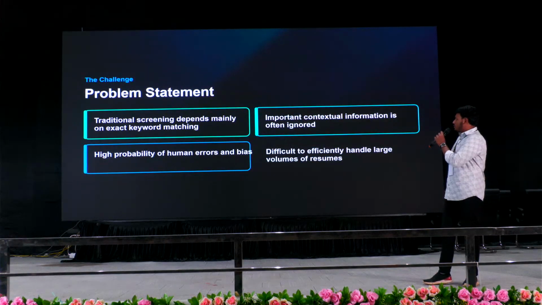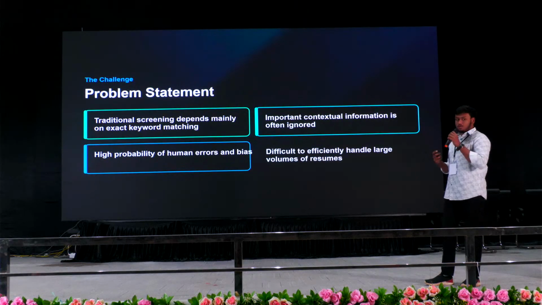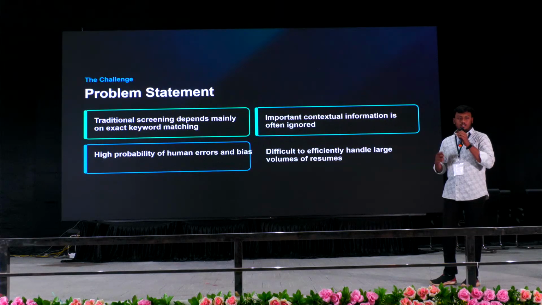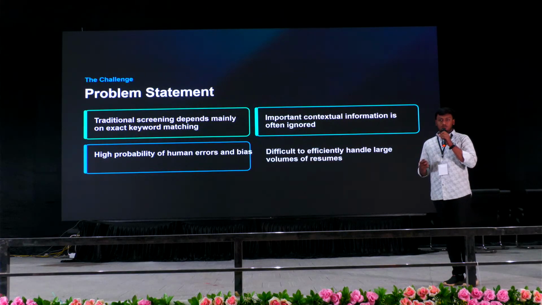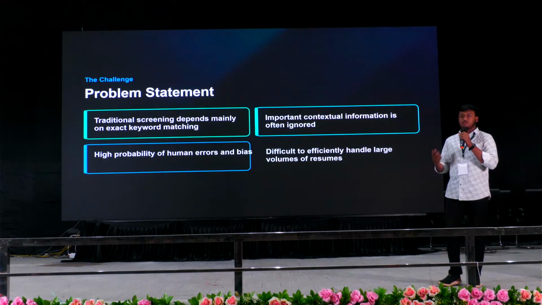So the problem statement is that in the traditional way, accepting a candidate's resume takes a lot of time, and the HR can forget important keywords, intentionally or through forgetfulness.